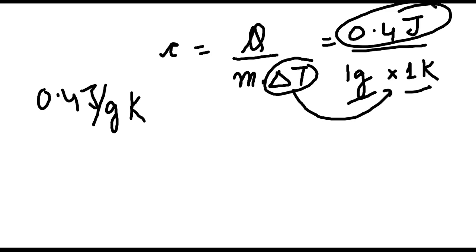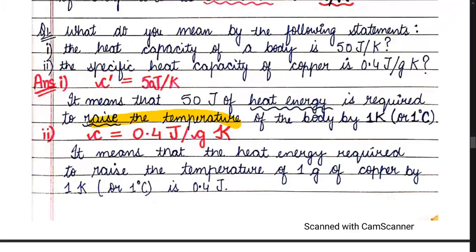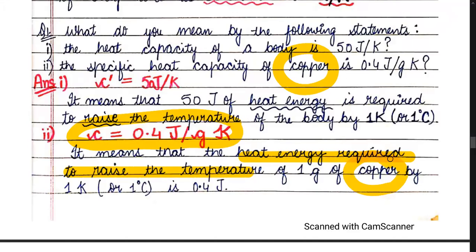So students, I'll repeat one more time. C is equal to 0.4 joule per gram Kelvin means that the heat energy required to raise the temperature of 1 gram of copper by 1 Kelvin is 0.4 joules.